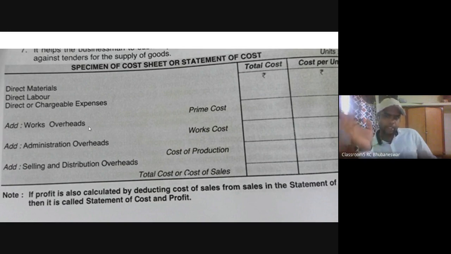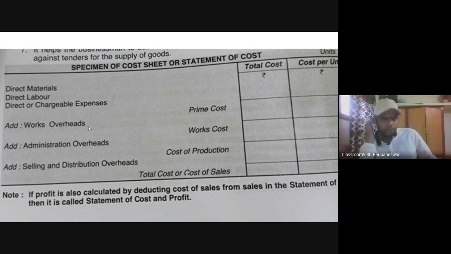It is combined together as it is linked with selling and distribution of commodities. So these two are clubbed together, but when classification of overheads is made, these two are segregated: selling overhead and distribution overhead.